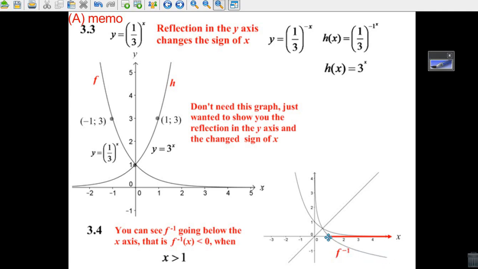Down here, right down here, that's when it goes negative. So it's when x is greater than 1. You see this red line here? That's the place where the inverse function gets less than 0. Well, I hope that explains all the questions.